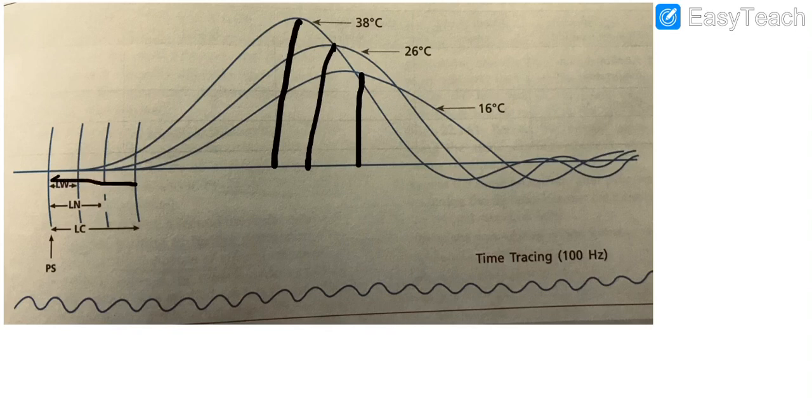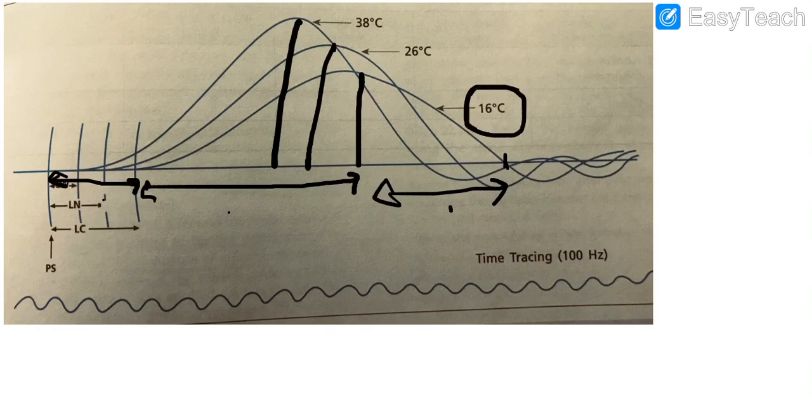This 26 degree centigrade is the normal body temperature of the frog, because we are performing this experiment on the frog nerve muscle preparation. So, 26 is normal body temperature. We are performing the experiment to look at the effect of temperature, whether we are decreasing or increasing it, on the simple muscle twitch.